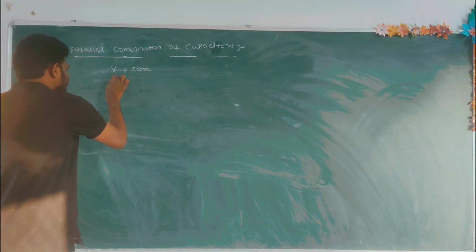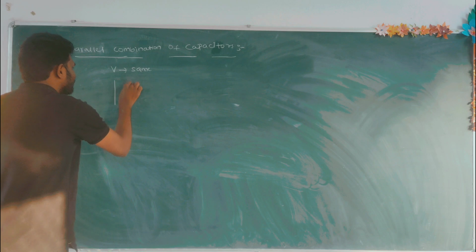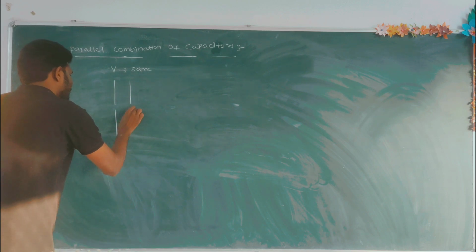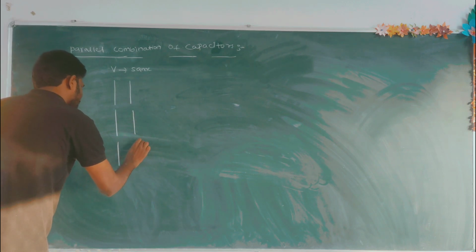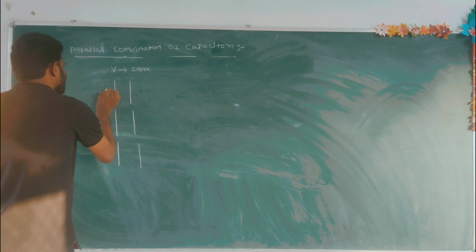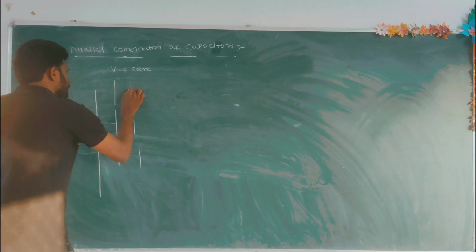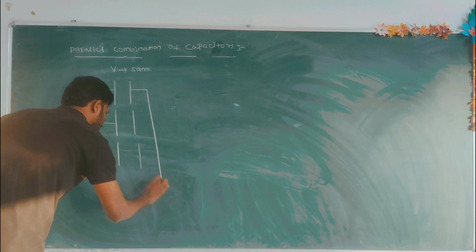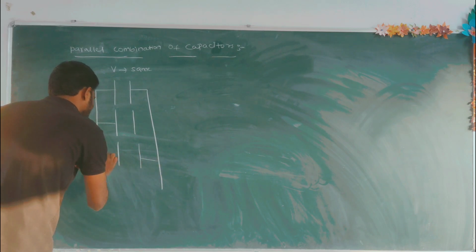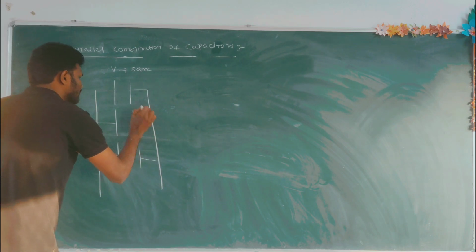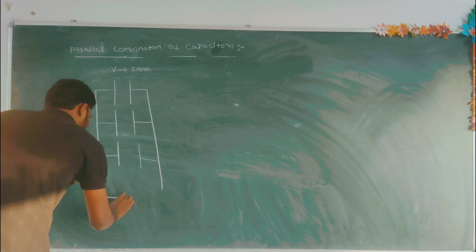In parallel combination, the capacitors are arranged one by one: 1, 2, 3. These three capacitors are connected to the same potential. The potential difference is the same for these three capacitors. They are connected to the common potential difference.